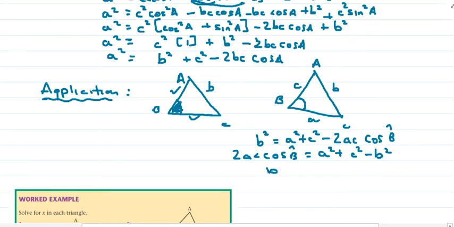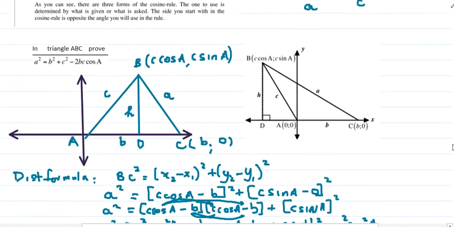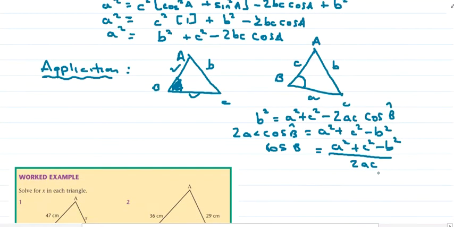So cos B, if we make that the subject, is equal to a squared plus c squared minus b squared, all over 2ac. This is very useful in finding the angles given three sides.